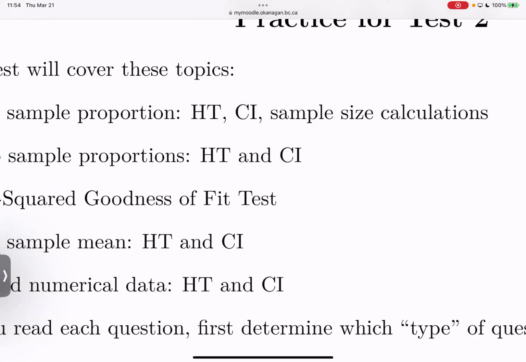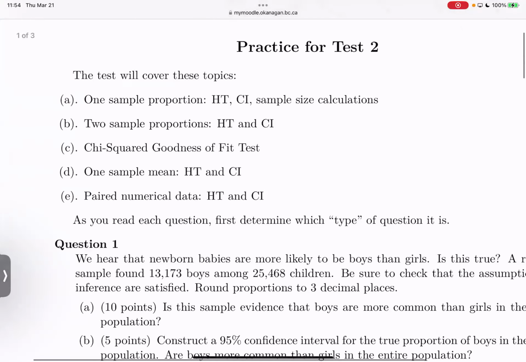Did I say that? I think so. Anyways, it is. 2 sample proportions, chi-squared goodness of fit, 1 sample mean, which we just did last day, and then paired numerical data, which is what we're doing today, and then I draw the line. So we'll introduce 2 independent sample means on Tuesday, but it's not on the test because that would be rude.